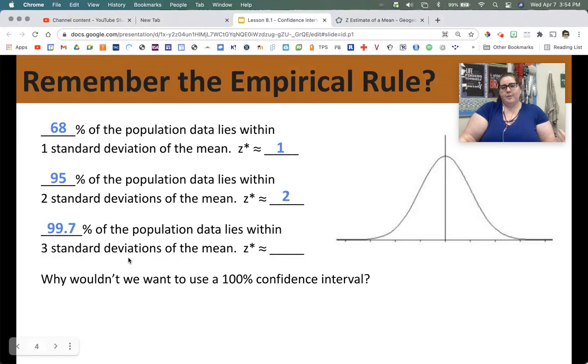So where that's coming from is when we do a confidence interval, we often attach a confidence level, right? We say we're 95% confident, or I'm 98% confident, or I'm 80% confident, or I'm 68% confident. And that percentage value is coming from this idea right here, that different percentages of data are found within different ranges of our normal model.